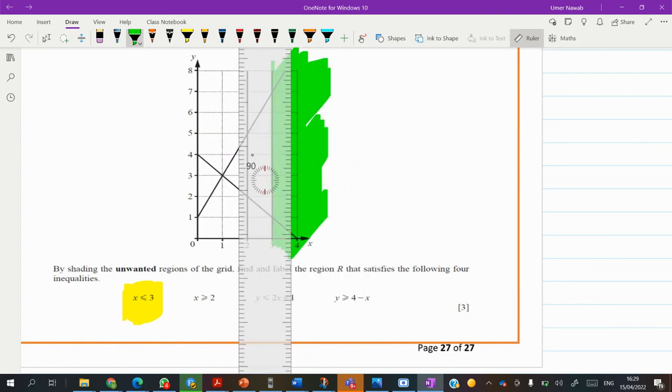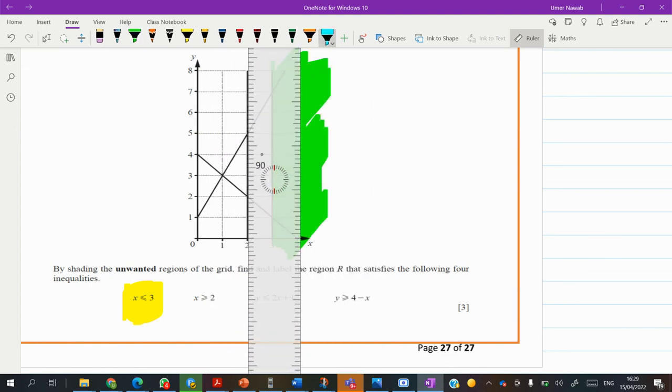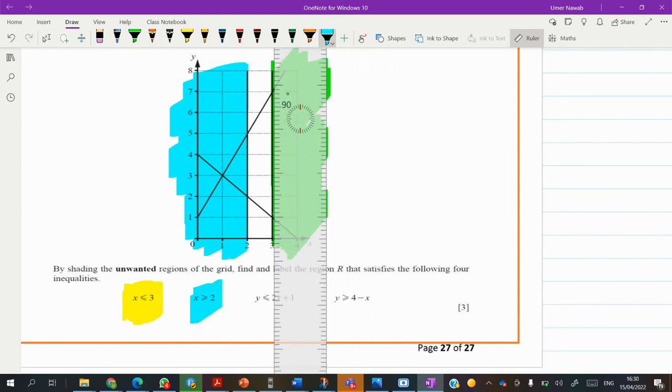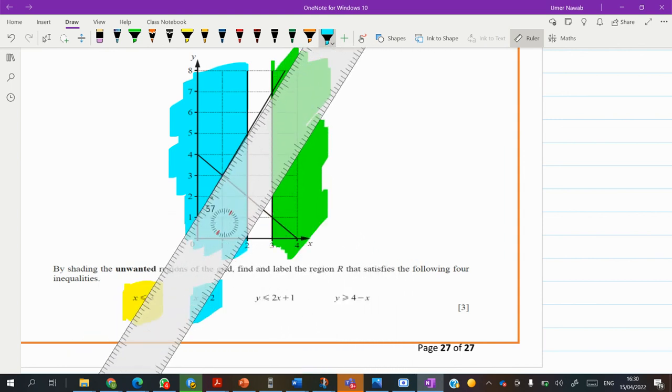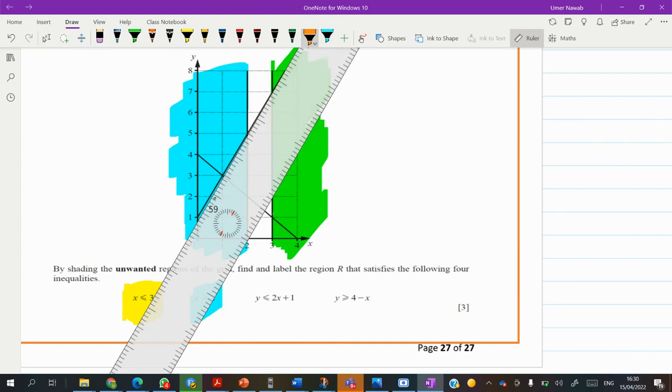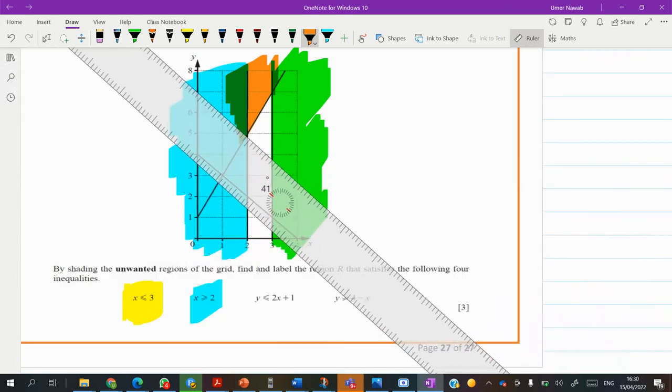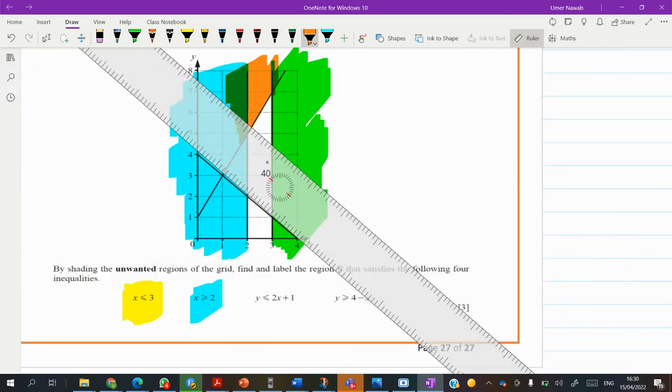Greater than or equal to 2. I think we did this type of question before. This is finished. Plus 1, okay, less than or equal to. Shade this portion. And then greater than or equal to, upward portion wanted, then below portion is unwanted. So I'm just shading.